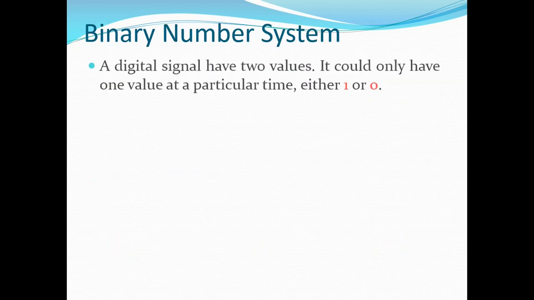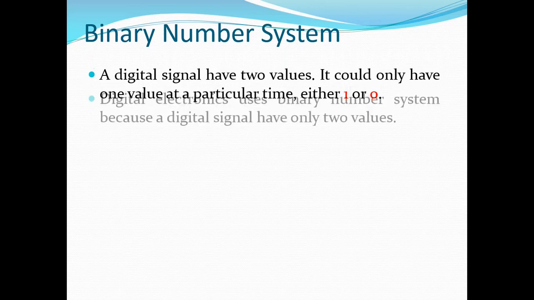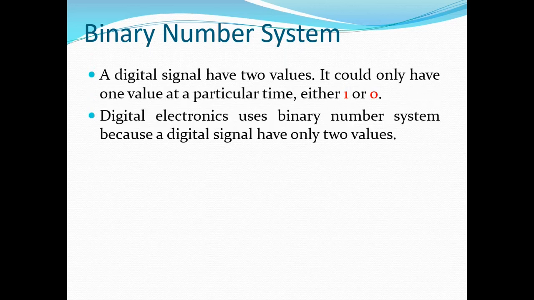Now, since digital signals only have two values, either 1 or 0, they use the binary number system. What is a binary number system? We're going to compare the binary number system and the decimal number system, which we have come to know. Binary means 2, or there are 2 possible digits, and decimal means 10, from the root words dec and bi.